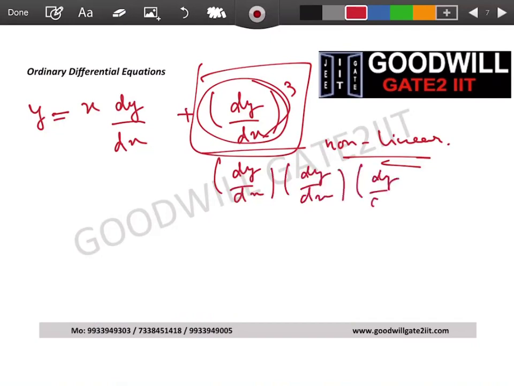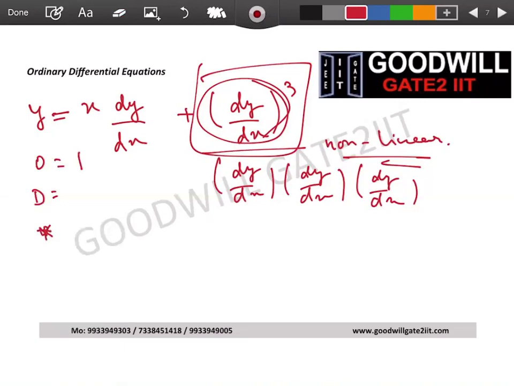Hence this is a non-linear differential equation. Please note down: the order of this differential equation, dy by dx, is 1.